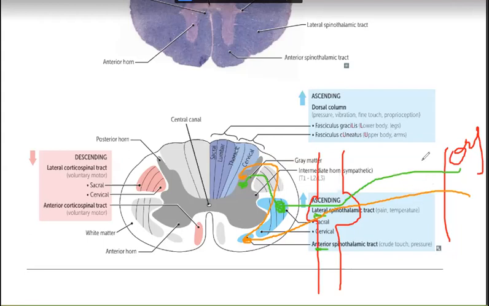We have these two tracts. This orange one is the anterior spinothalamic tract, okay, and this green one is the lateral spinothalamic tract. Okay, why is it lateral? Because see, it is present laterally. This is the anterior part of the spinal cord, this is the posterior part, and this side is the lateral.